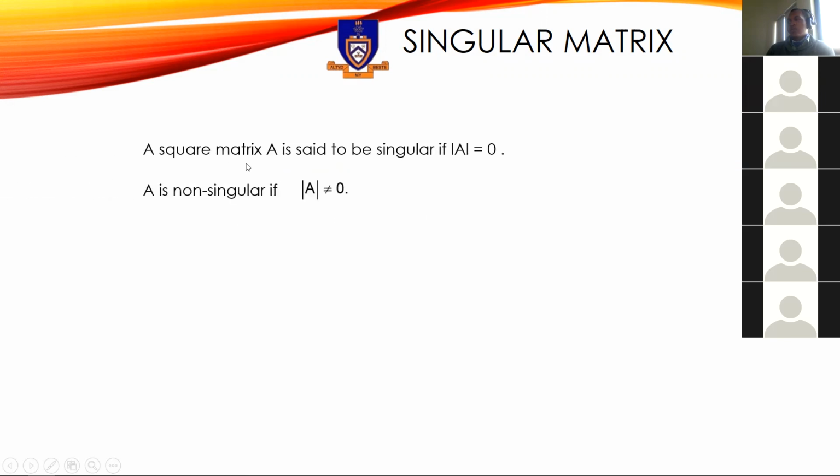So we spoke about square matrices, and we talked about singular and non-singular matrices. For non-singular matrices, the determinant of the matrix is not 0, and for the other one, the determinant of the matrix is equal to 0. And that will give us a singular matrix.